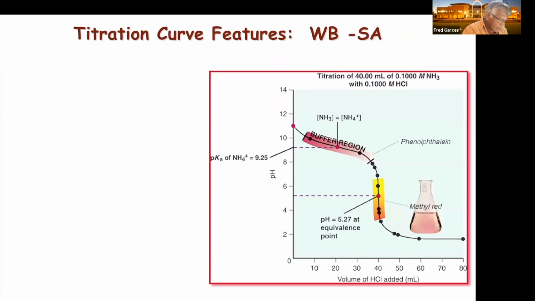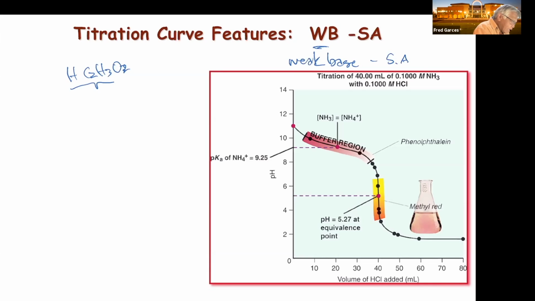This right here, again, is the titration of a weak base with a strong acid. That weak base might be the acetate. Suppose I have acetic acid, HC2H3O2.